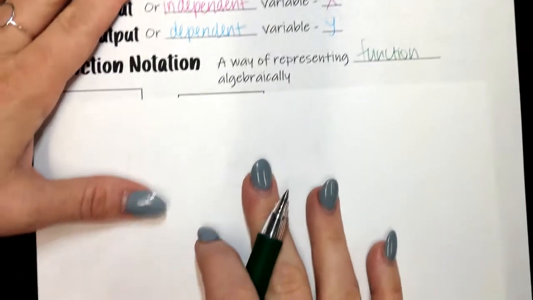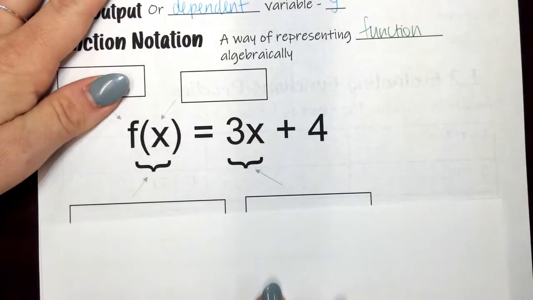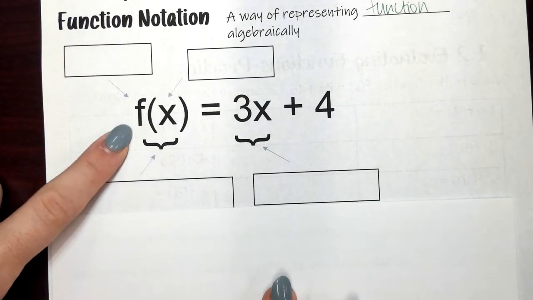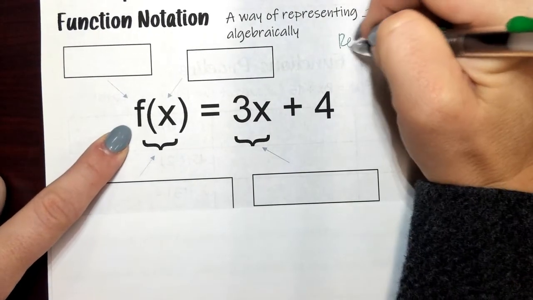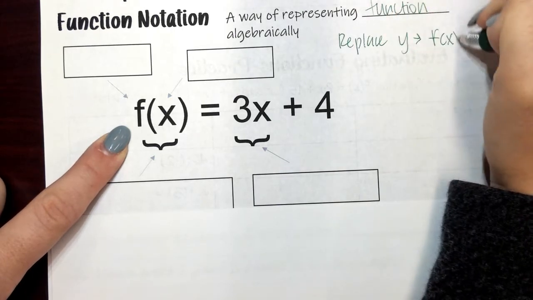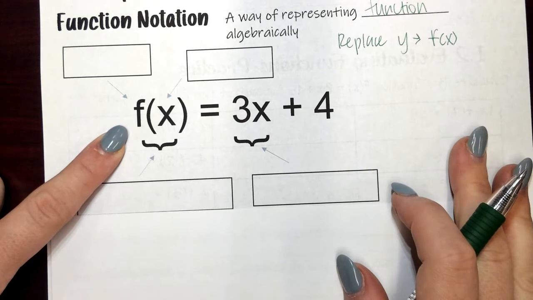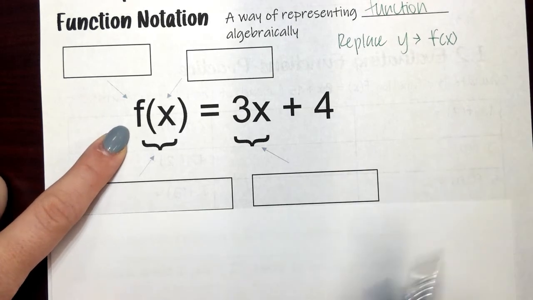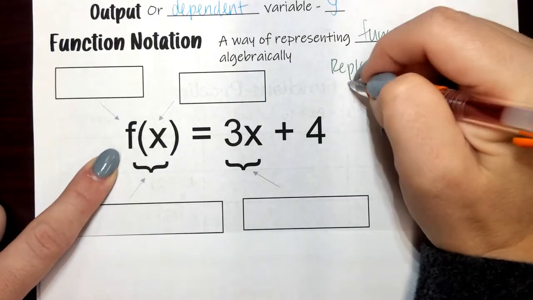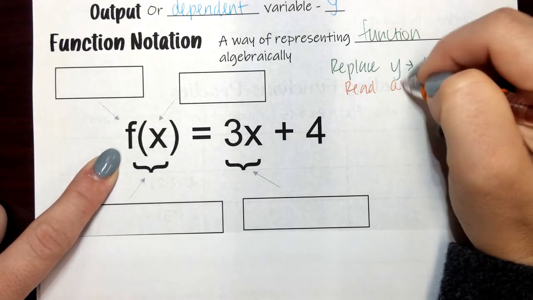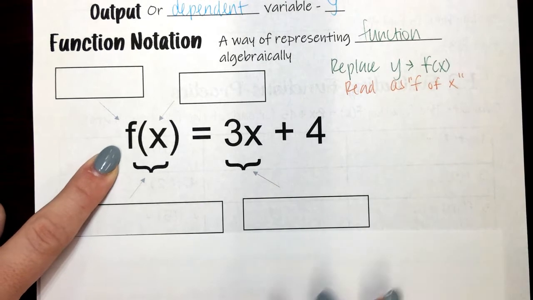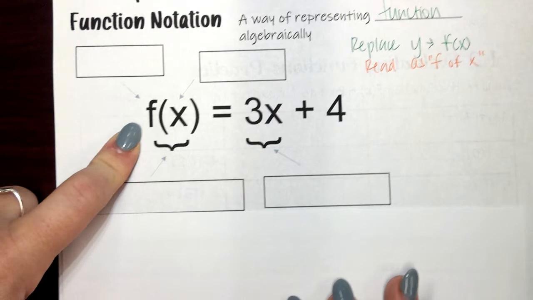Function notation looks like this: all we're doing is replacing the y with f open parentheses x close parentheses. One more note: we read this as f of x. Those are the words you use, f of x.